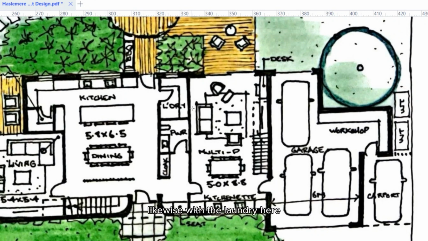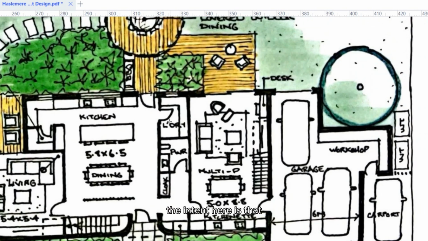Likewise with the laundry here, so you can kind of see that we've got a bank of utilitarian features adjacent to the entry, but also adjacent to specific living spaces here. And with the laundry specifically, the intent here is that whenever you're working in the kitchen, you may have laundry on at the same time.